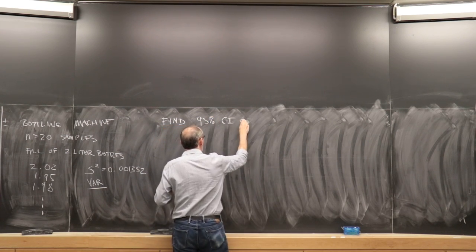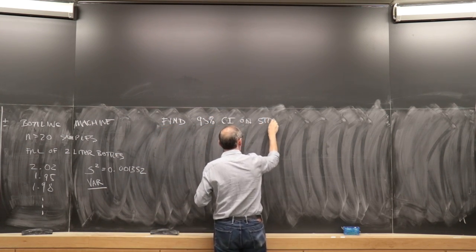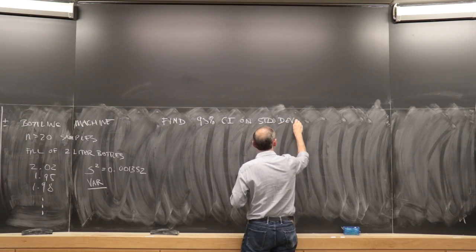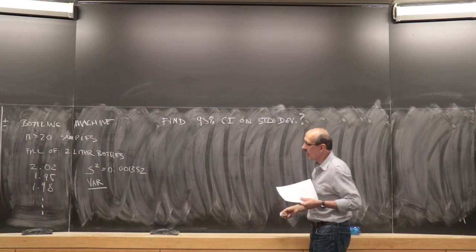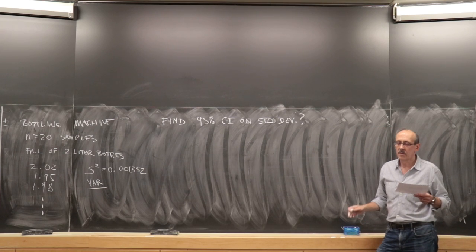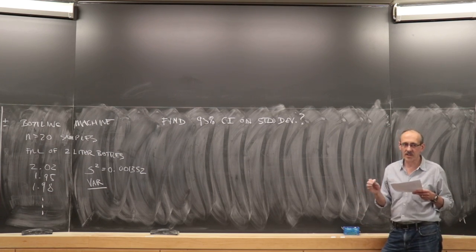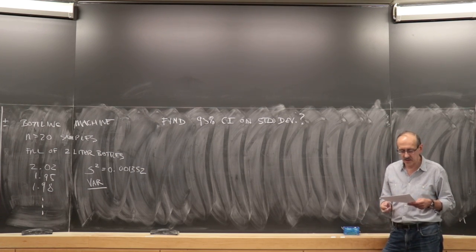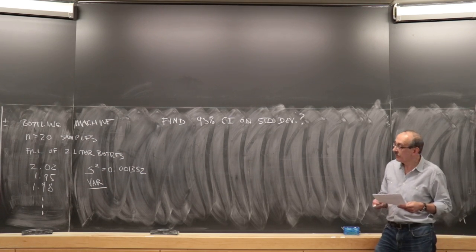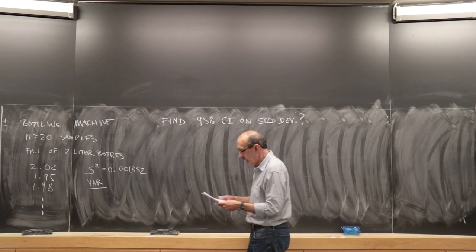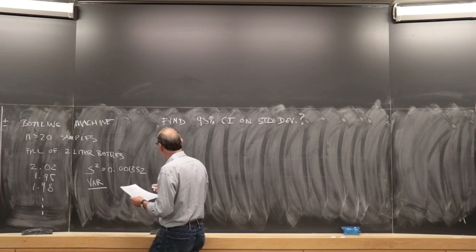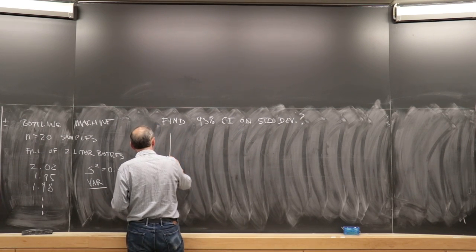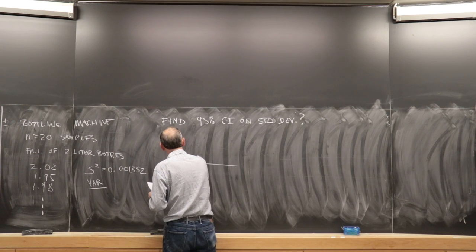Okay, so then let's ask, what's the 95% confidence interval on the standard deviation? So the bottling company wants to know, what's the real range of variability here for this fancy new machine they just spent hundreds of thousands of dollars on? So for this we use the chi-squared distribution. And again, it's going to look like this.